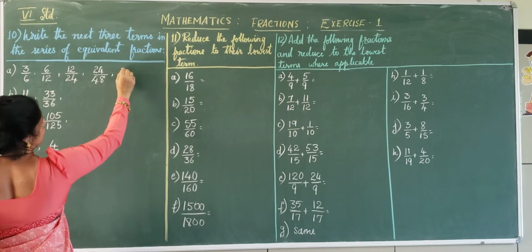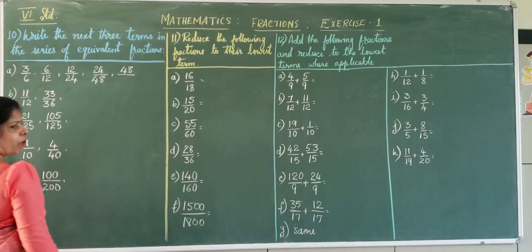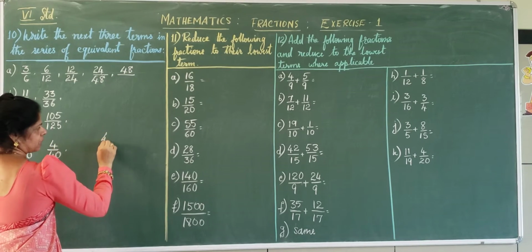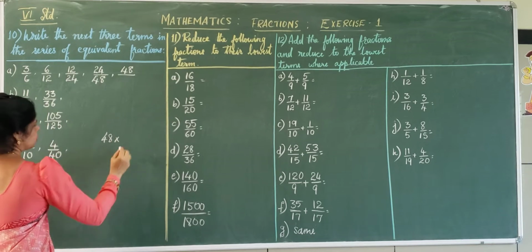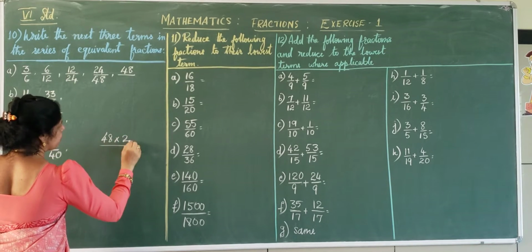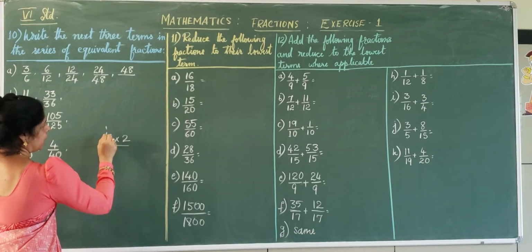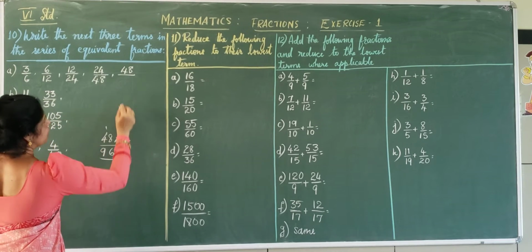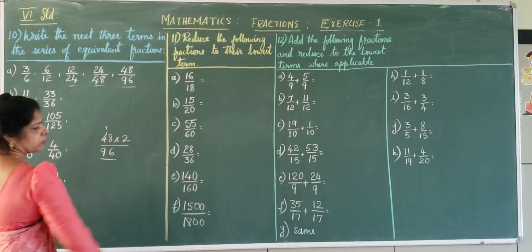So 24 2s are 48 and then 48 2s are. See, now you have to do like this because you will not know the table of 48. So 48 2s are, 2 8s are 16, carry 1, 2 4s are 8, 8 plus 1 is 9. So it is 96. So now the next 3 terms are over.